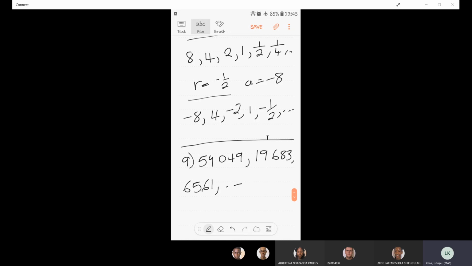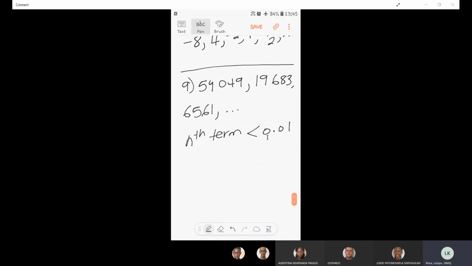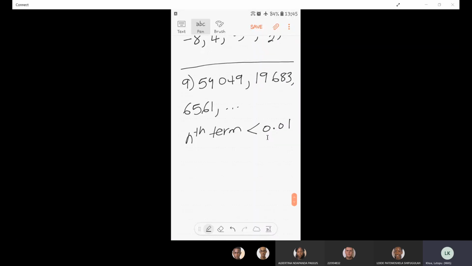Okay, so these are the first three terms of our GP. Now we are told that the nth term is less than 0.01. Now we want to calculate the least value of n.